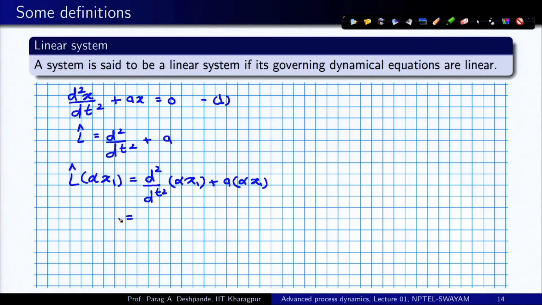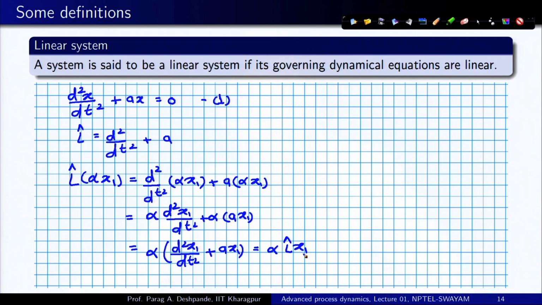So, I can do a quick rearrangement. This would be alpha times d 2 x 1 by dt squared plus alpha times a x 1, which is nothing but alpha times d 2 x 1 by dt squared plus a x 1. And what is this equal to? This is equal to alpha times L of x 1.